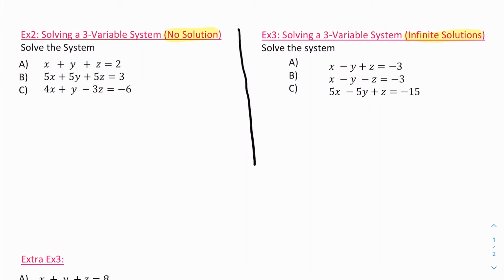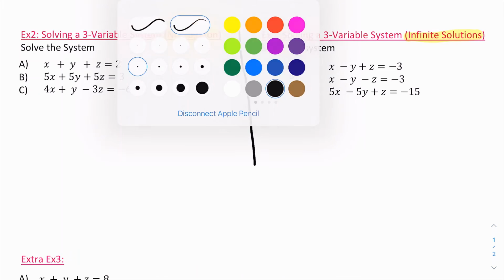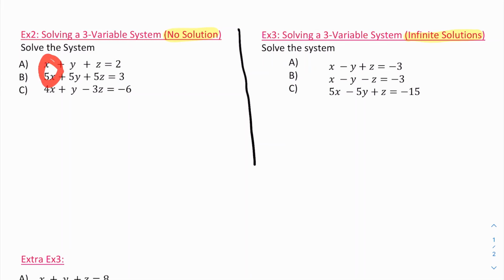So for the first one, the one where it's no solution, I'm going to go ahead and cancel x. And in order to cancel x, I'm going to use these two equations, and I'm going to multiply the top one by negative 5. So what I'll have is negative 5a and b.